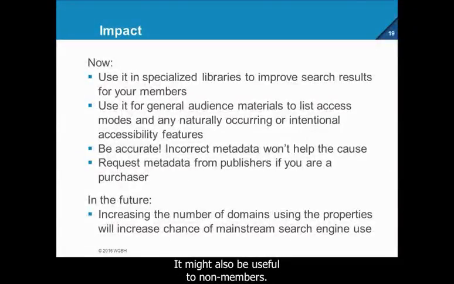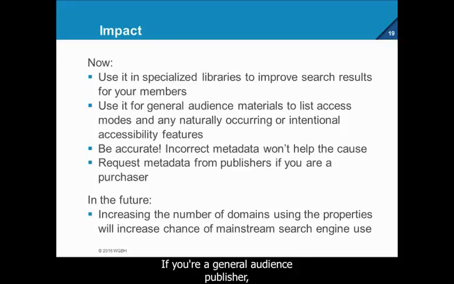It might also be useful to non-members. If you're surfacing your resources to be searchable on the broader web, then you might bring in some new members this way by having data exposed about the accessibility features of your books.